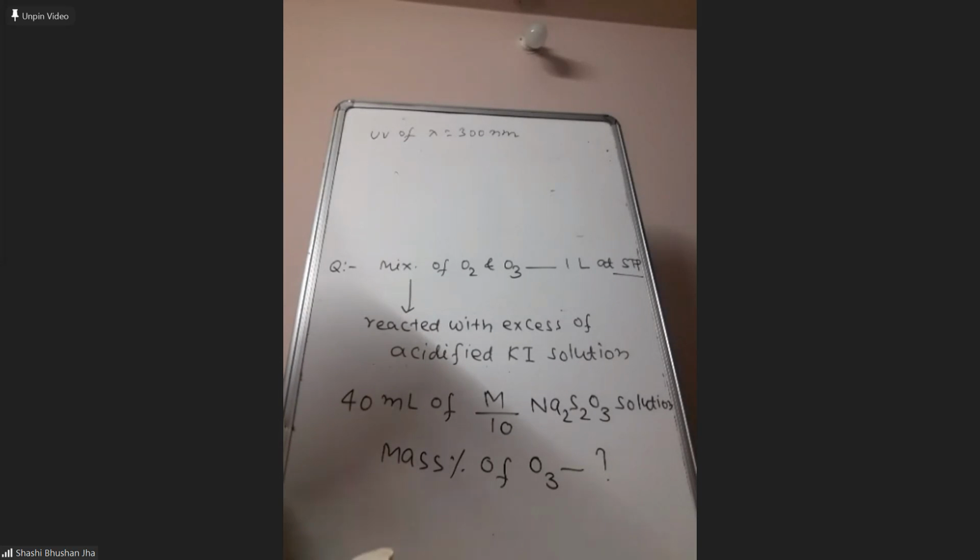Assume that one photon can decompose one ozone molecule. Then how many photons would be required for complete decomposition of ozone in the original mixture?